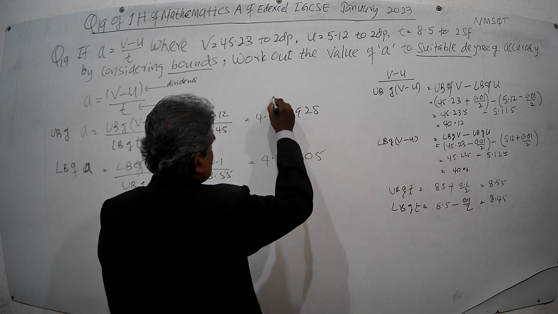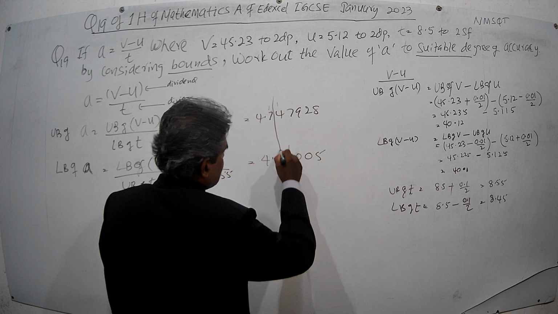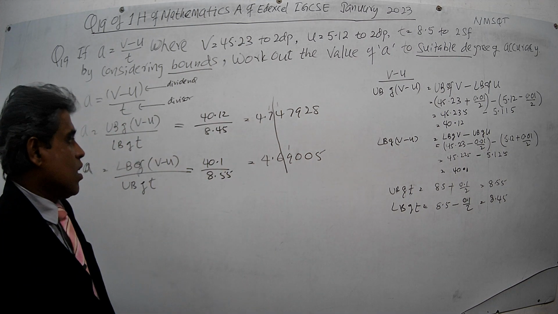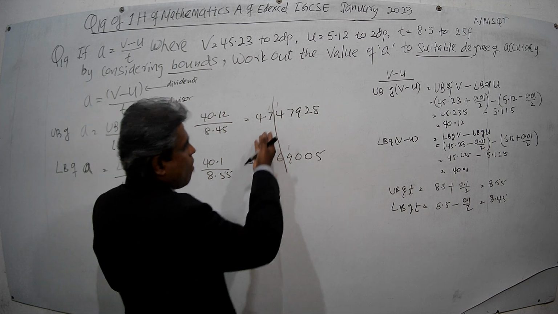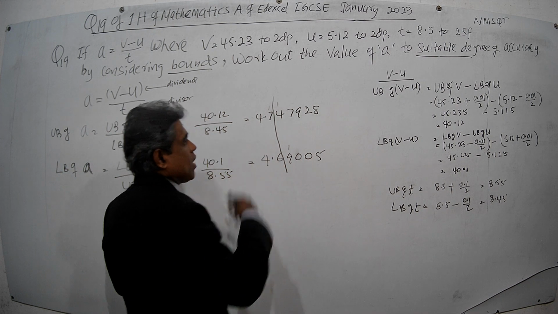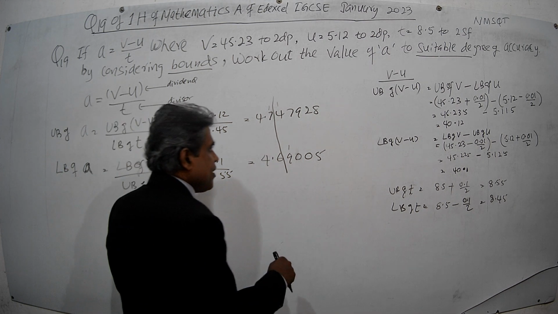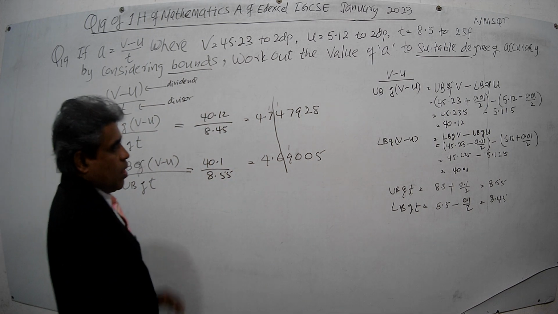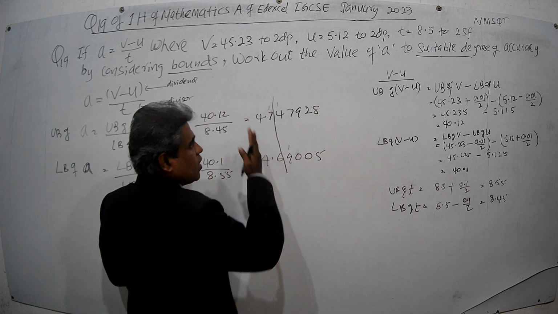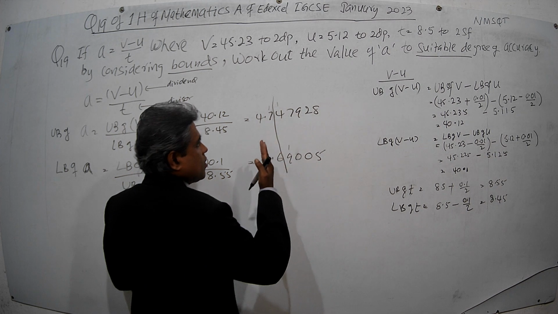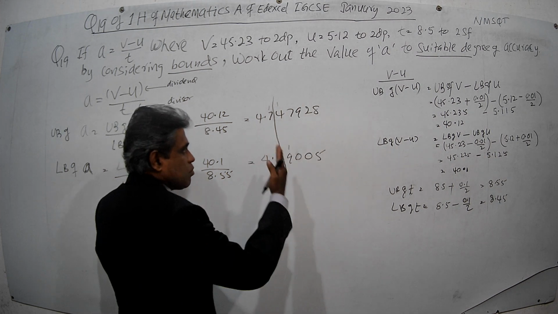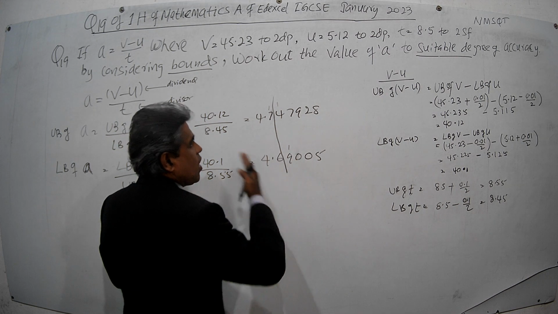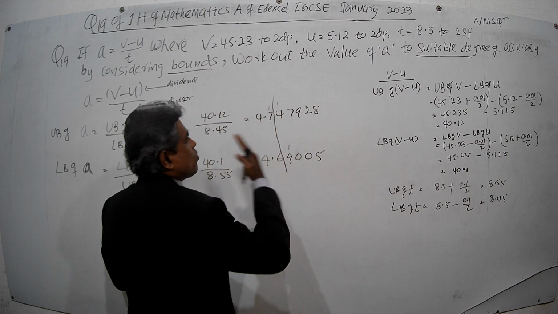And second significant figure. If you correct the 2 bounds to the second significant figure, then you are getting the same answer for both upper bound and lower bound, and the answer will have the highest number of digits, the highest number of significant figures, or the highest number of decimal places.